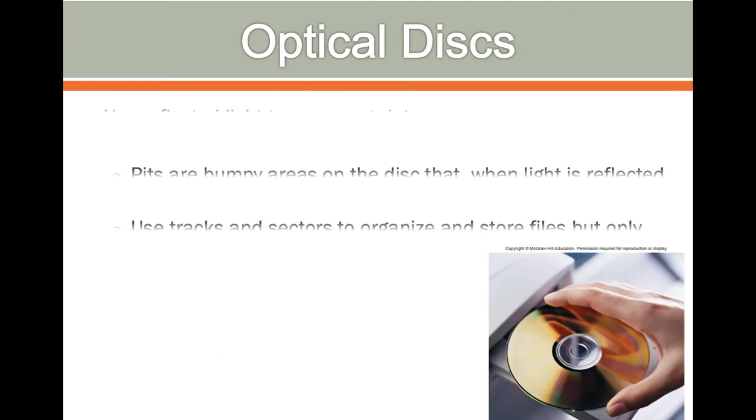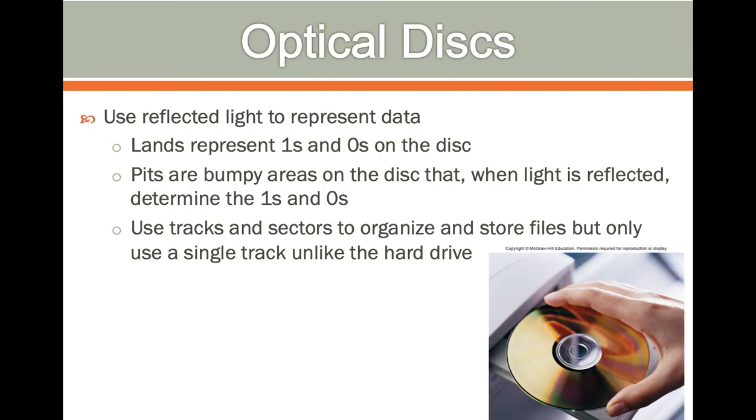Okay, they use reflected light to represent the data. So lands represent ones and zeros on the disc. Pits are bumpy areas on the disc that, when light is reflected, determine the ones and zeros.